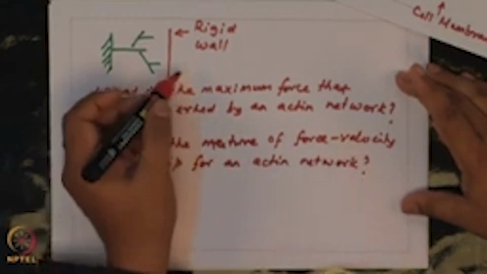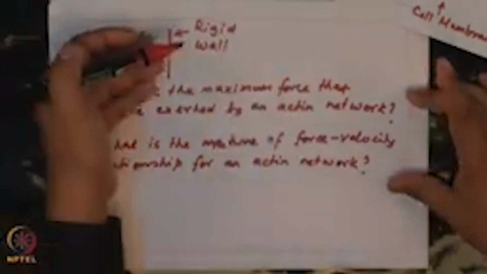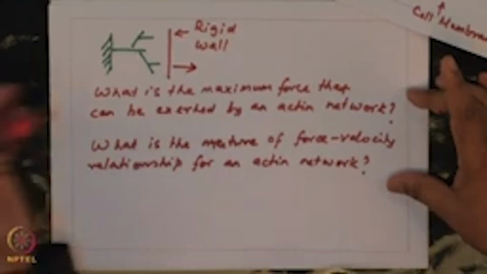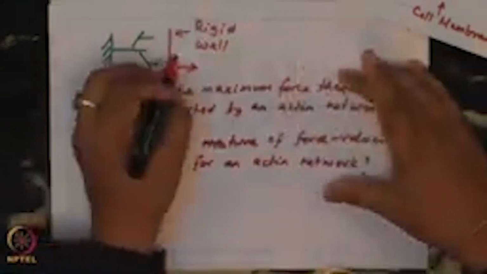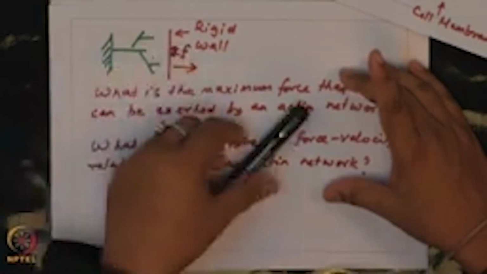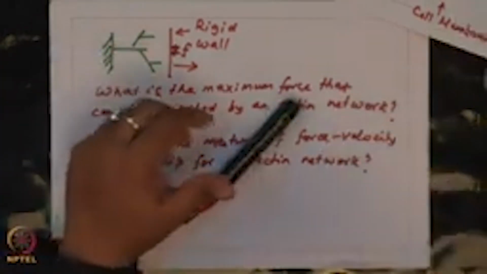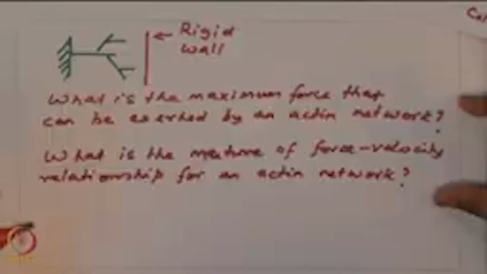Okay. So, if you do not restrict this wall, the polymerization forces will keep on pushing this wall in this direction. However, imagine if you actually constrain this wall with a certain force F. So, if the force generated as a consequence of polymerization is less than this force, then probably the wall will remain fixed in its position.